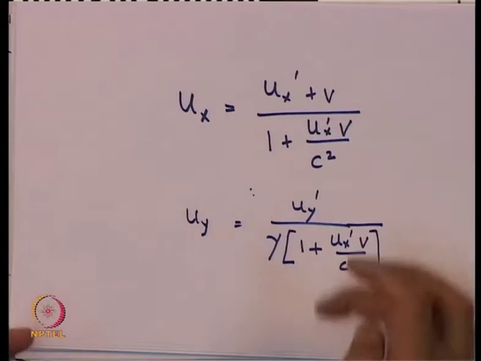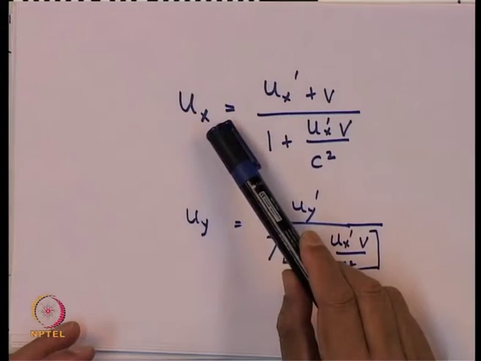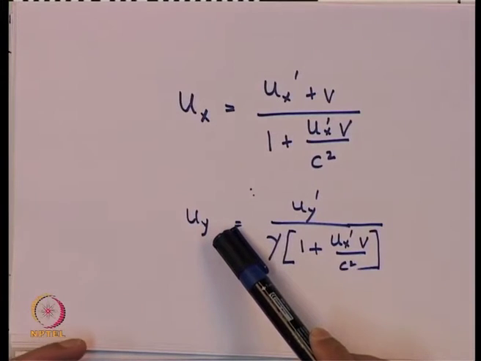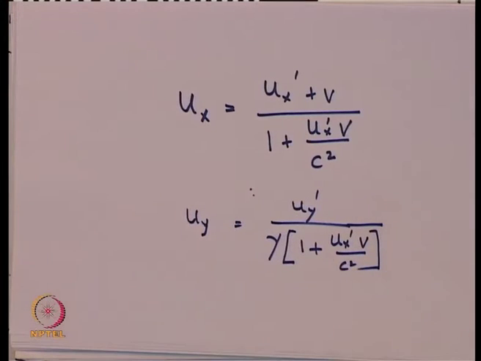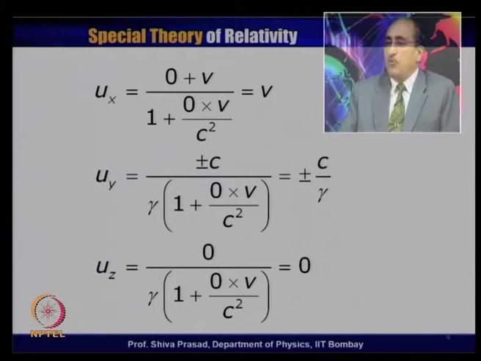So, let us use these transformation equations and try to find out ux and uy, and see what those values are as seen in S frame of reference. We had ux prime which was equal to 0. Remember, in S prime frame of reference there was no x component of the velocity.